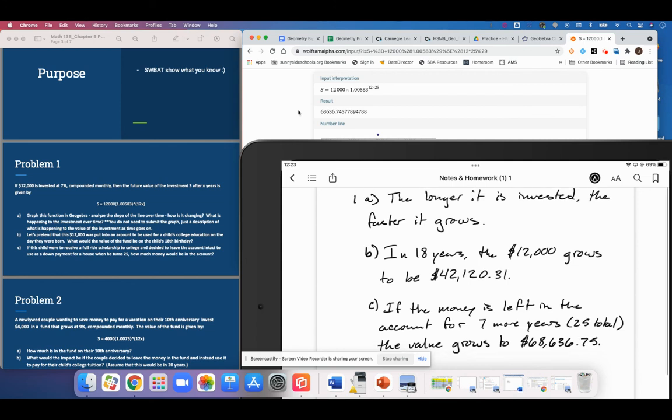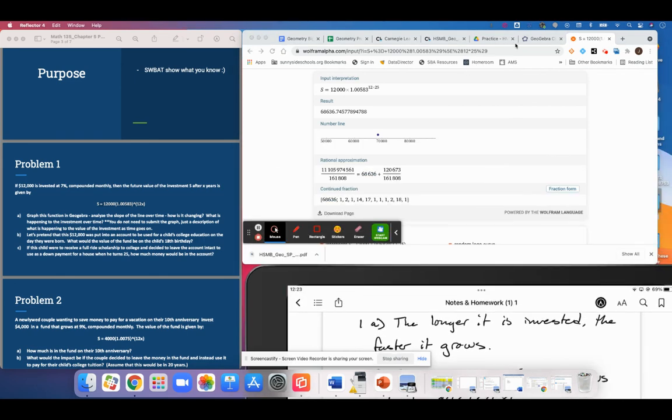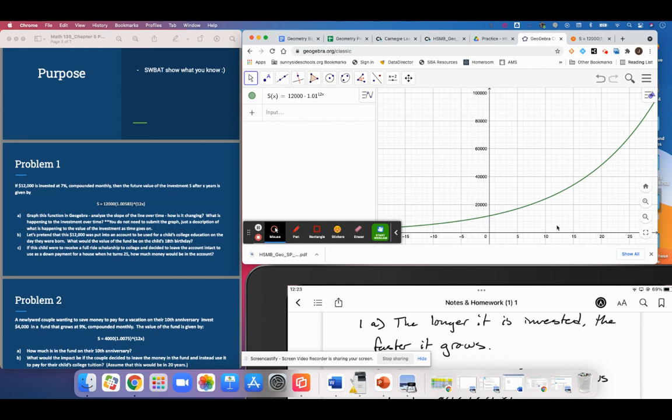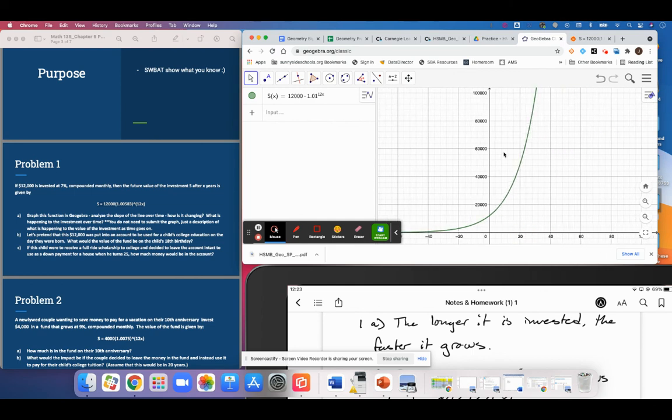So hopefully we can see, everyone, that during that additional 7 years, we gained about $26,000, 26,500, something like that, for leaving the money in the account for 7 more years. And so that's a pretty nice chunk of change to put as a down payment on a house. And as you can see from the GeoGebra graph, just ballparking this, let's play it out just for the sake of playing around.